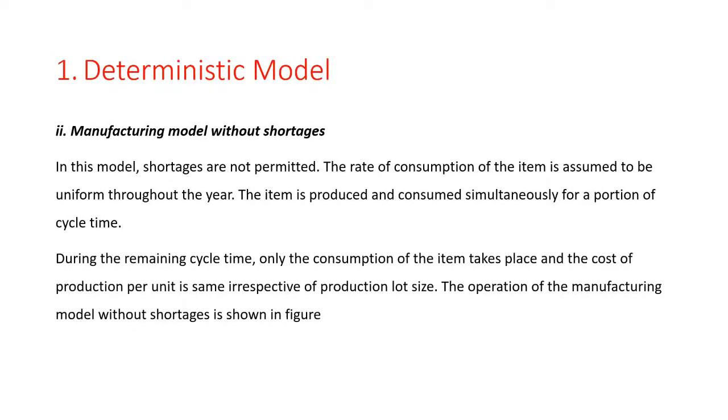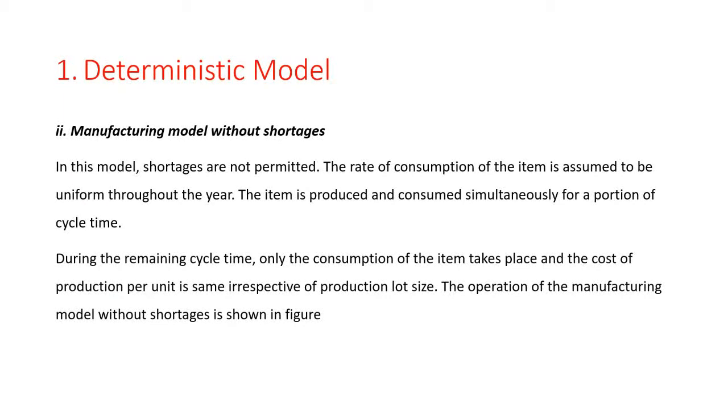This item is produced and consumed simultaneously for a portion of the cycle time. During the remaining cycle time, only the consumption of the item takes place, and the cost of production per unit is the same irrespective of the production lot size.